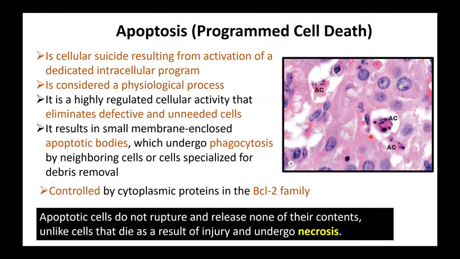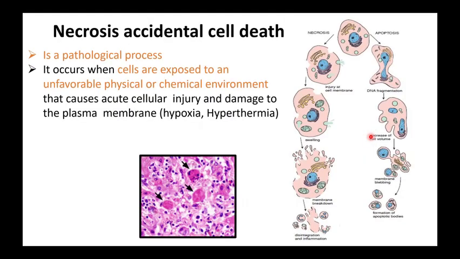What would happen in the case of necrosis, which is a pathological process? Let's look at that. Look at the cell here. This is the suicide. This is the homicide. How? We have some kind of injury to the cell, hypoxic or hypothermic injury. You see what is happening to the cell?